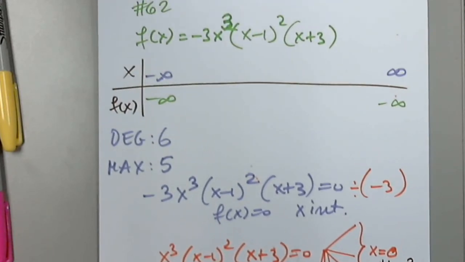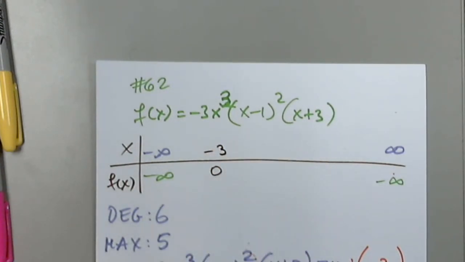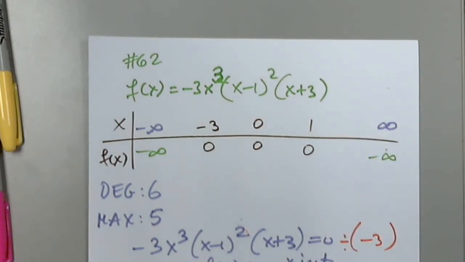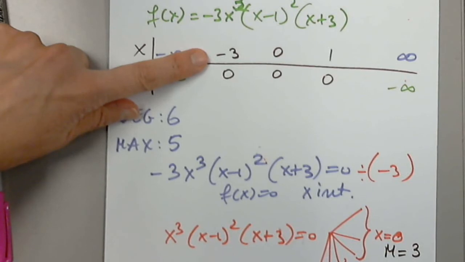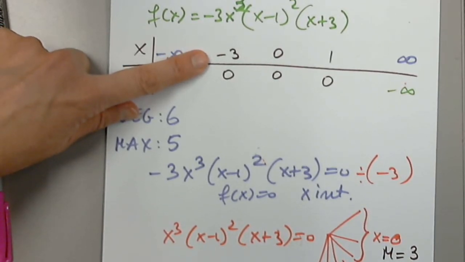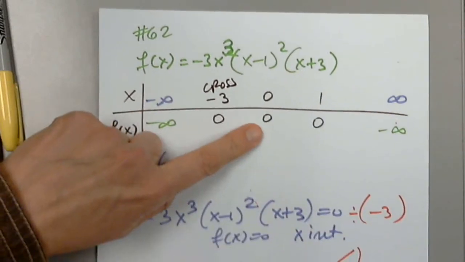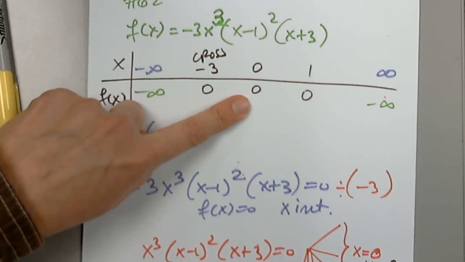So I have to put them in ascending order. Negative 3, 0, then I have 0, 0, and then I have 1, 0. So tell me again, what do I write above negative 3, 0? Yes, just cross. Perfect. What do I write above 0, 0? Crosses.